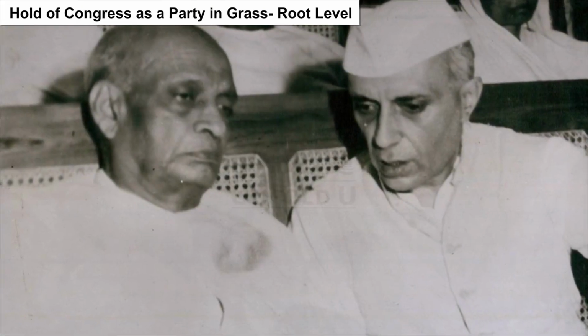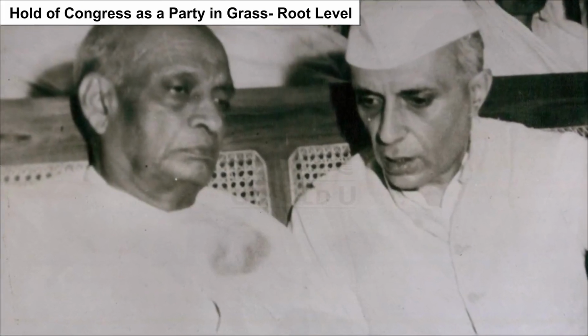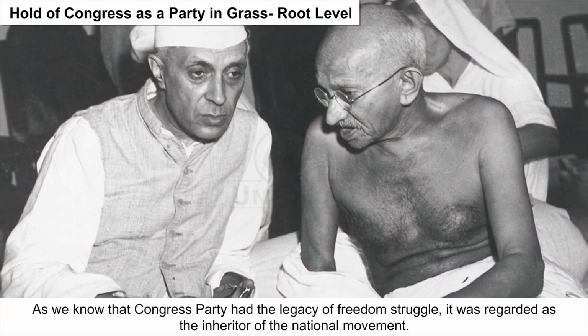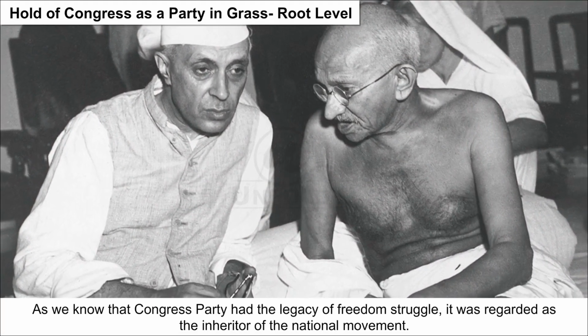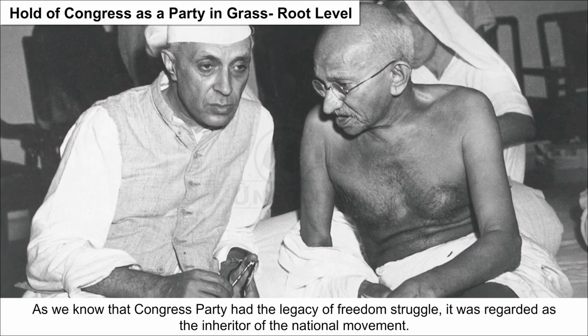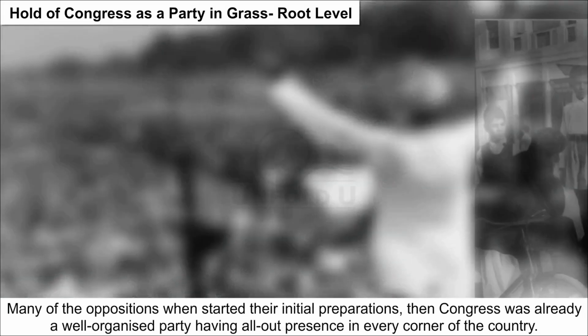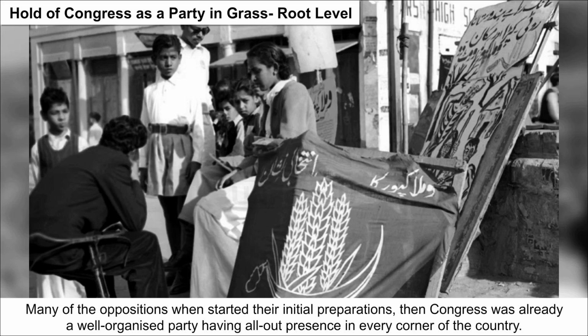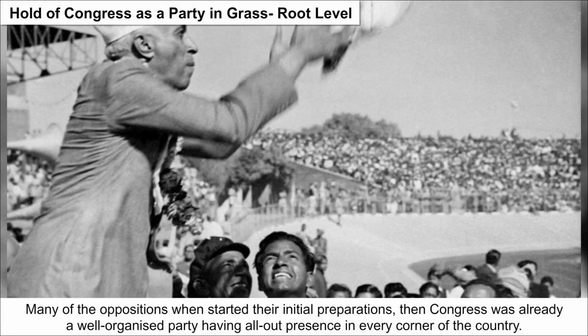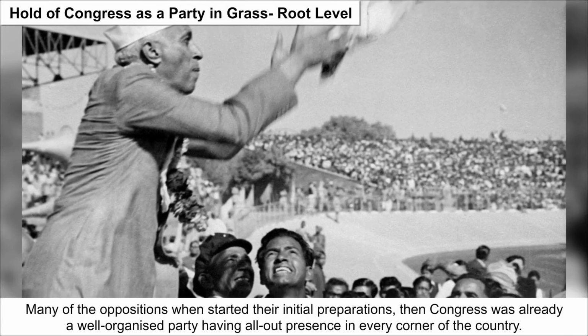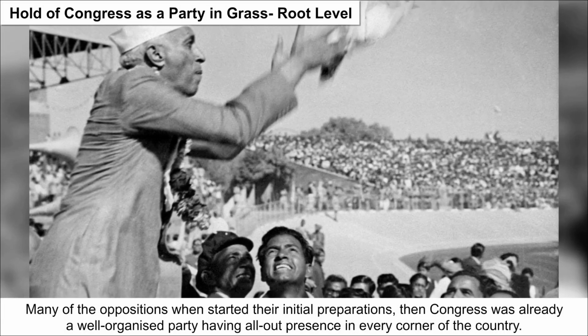Hold of Congress as a party at the grassroots level. As we know, the Congress Party had the legacy of the freedom struggle. It was regarded as the inheritor of the national movement. When many of the oppositions started their initial preparations, Congress was already a well-organized party, having all-out presence in every corner of the country.